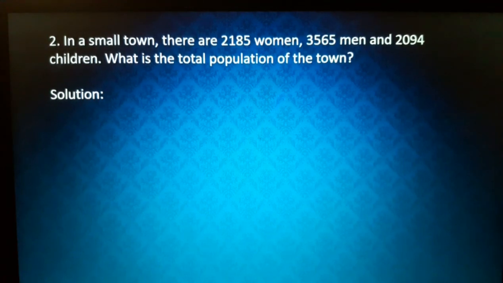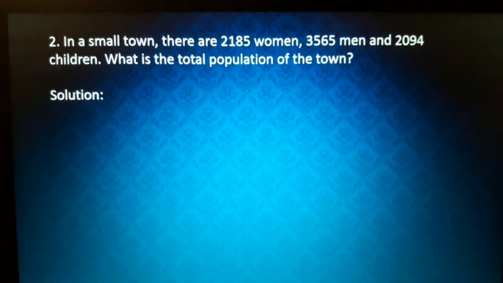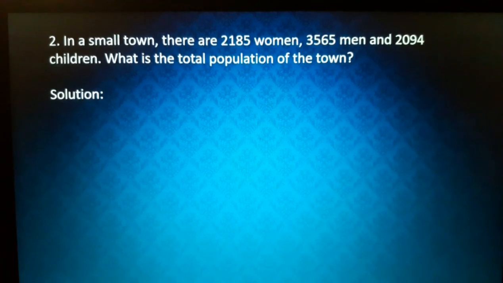So in a small town, we are talking about women, men and children. The number of women is 2185, the number of men is 3565, and 2094 are children. The question is asking what is the total population of the town?